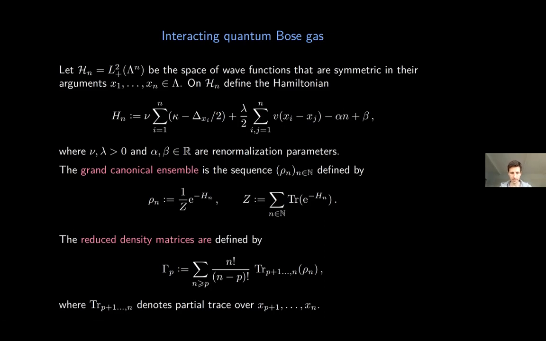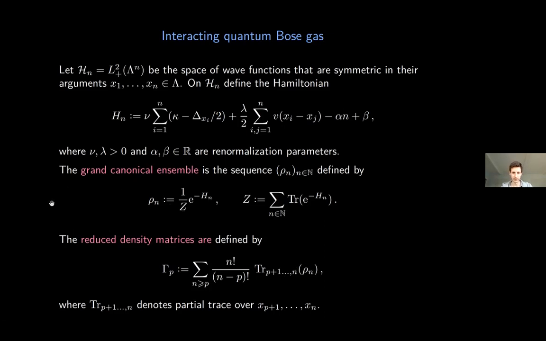But they can also be defined very explicitly in terms of these n particle density matrices as follows. Okay, so that's another way of defining these reduced density matrices, and this is the partial trace. So you sum over all n greater than p if you want to take the p particle density matrix, and you trace out all but p particles in every single one of these.